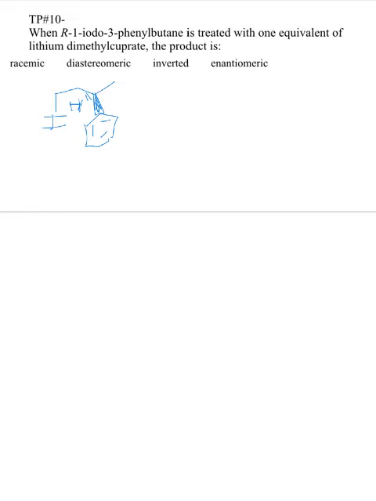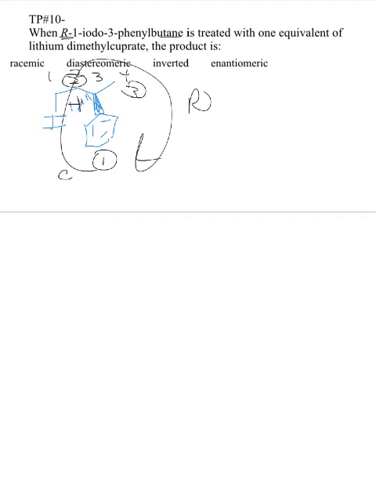So we have 1, 2, 3, 4. That's butane. 3 phenyl. 1 iodo. And then let's see if we get the R right. So we're dealing with a carbon. It's the same. That's 1, 2, 3. So when you go like that, you see that that's R. Hydrogen's in back, so you keep it as R.